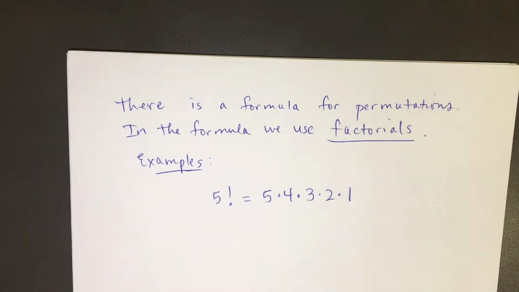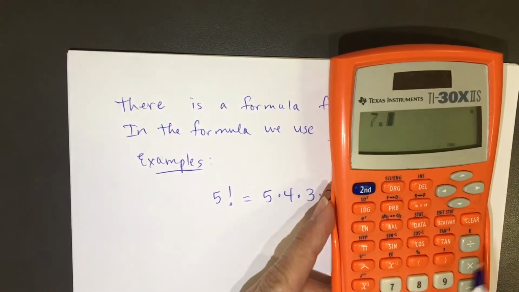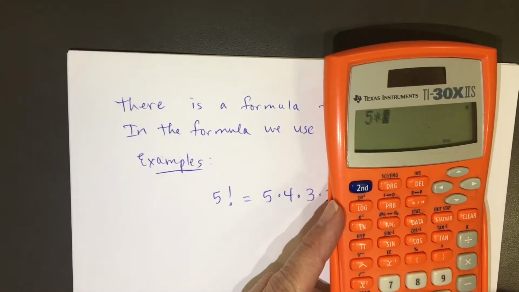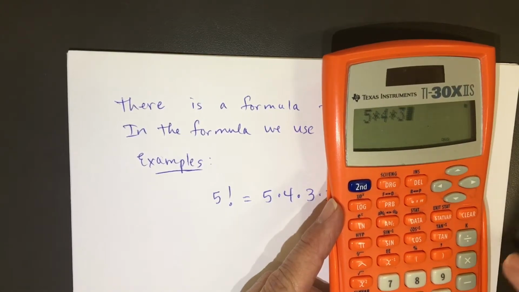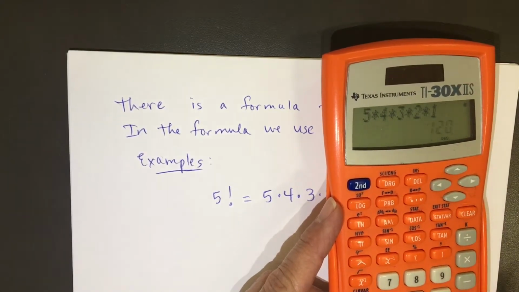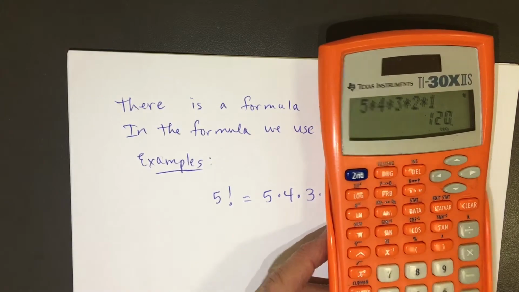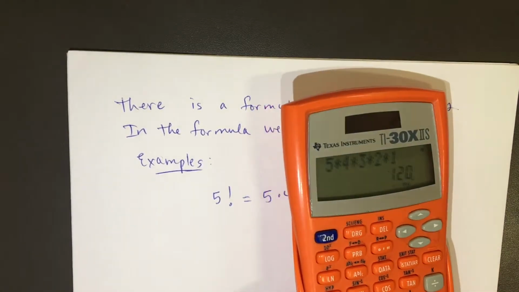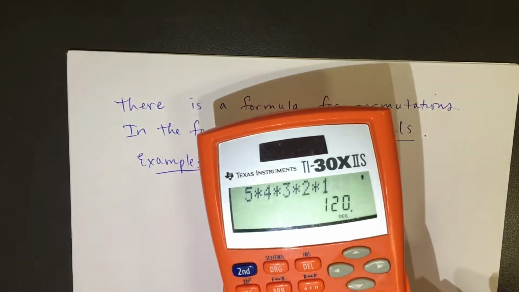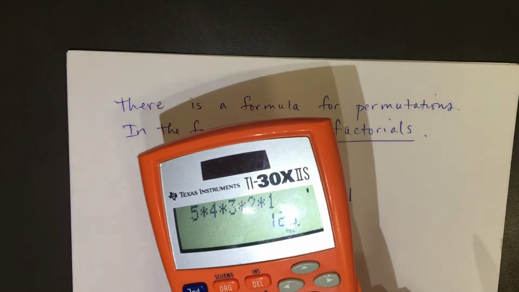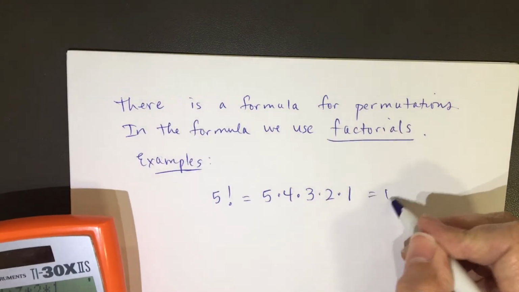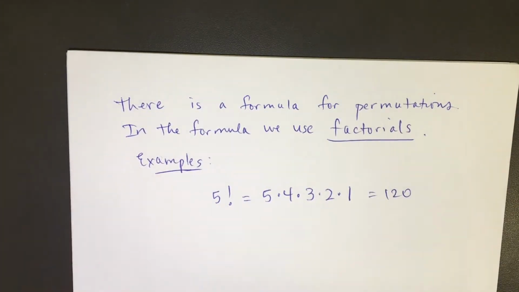And if you multiply that out, well, let's do that. 5 times 4 times 3 times 2 times 1, I get 120. There, kind of see it right there. 120.